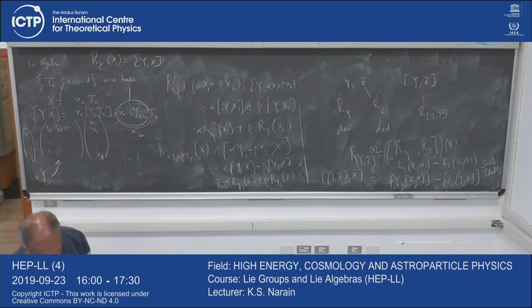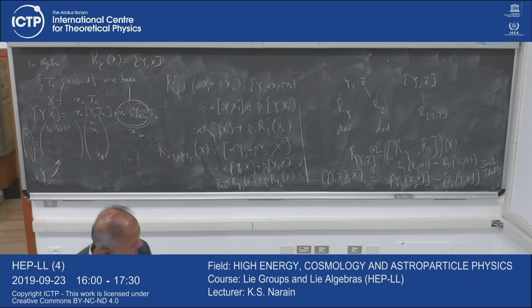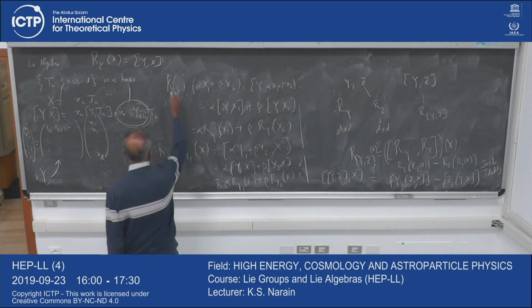So we see that given a Lie algebra of dimension d, there is always a d by d matrix representation, and it's completely tied to it. You don't need to do anything more. It's already just from the Lie algebra, and that is what is called the adjoint representation. It's a terminology. I don't know the historical reason why it's called adjoint, but okay, it's adjoint. So this representation is adjoint.